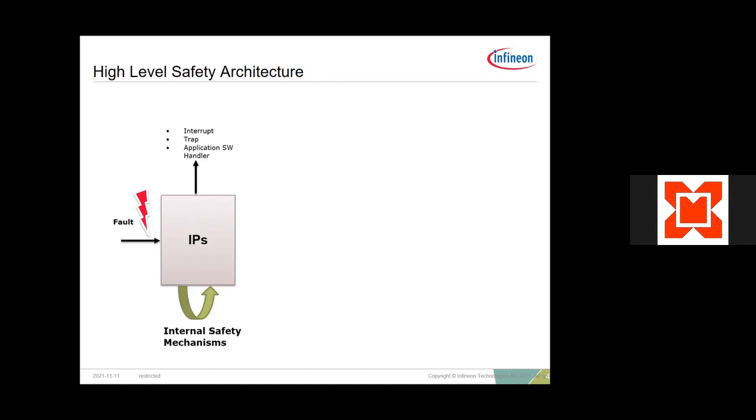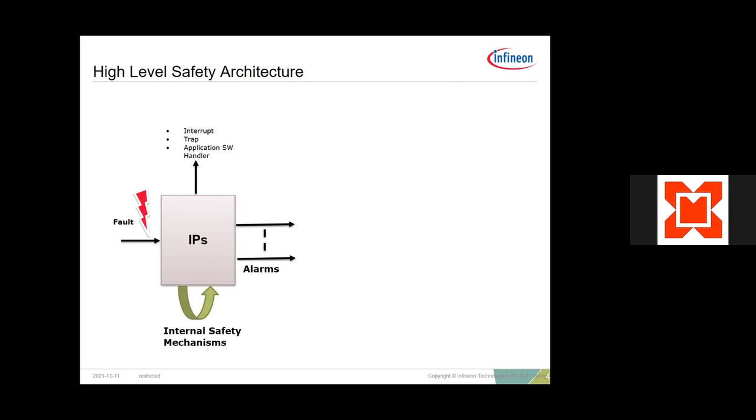So when faults are identified, to mitigate the effect of these faults in the system, to detect these faults and control the failures in the MCU, in the Aurix, we have developed internal safety mechanisms to detect all these faults and notify the user. Now, how these internal mechanisms convey the faults to the central unit of the safety architecture is through alarms, from each safety mechanism.